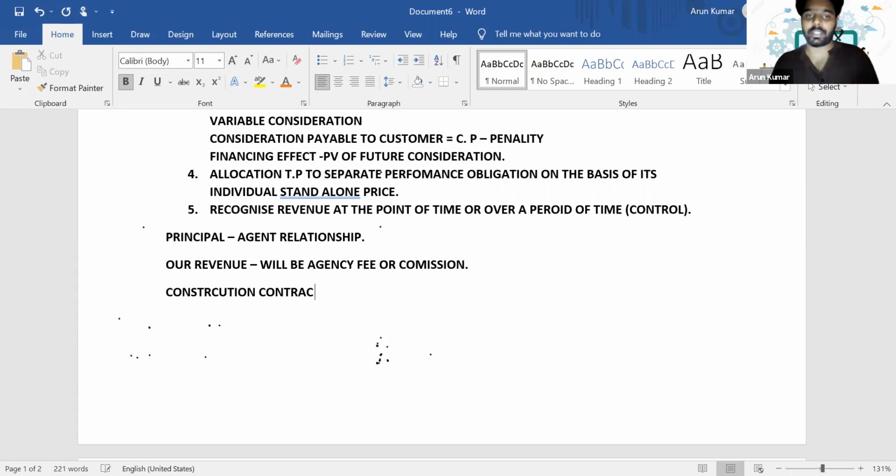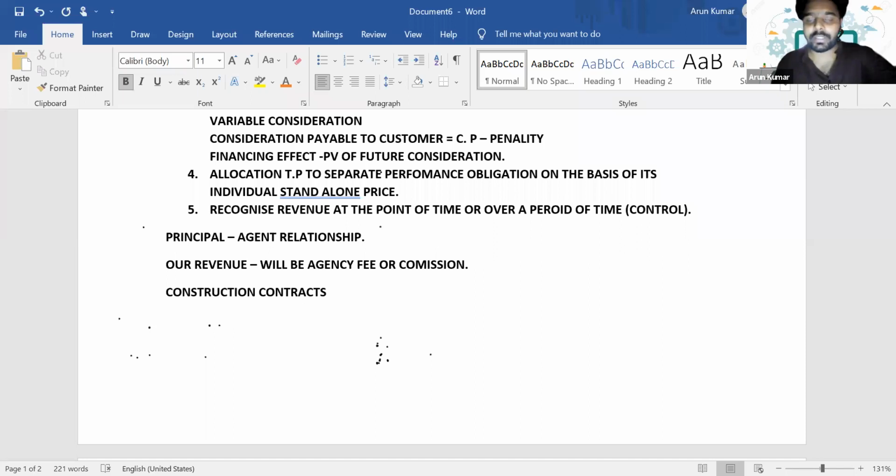I'm not giving a conclusion that it will be applicable for every construction contract, but normally, if it's a construction contract and you have the right to receive payment after each stage of completion, the construction will be completed in stages, right?